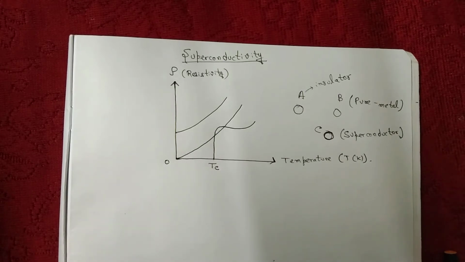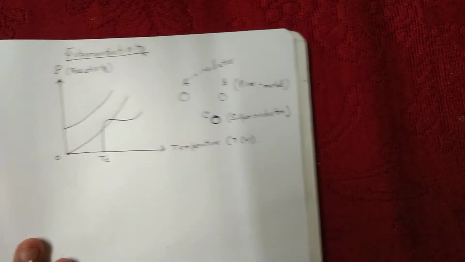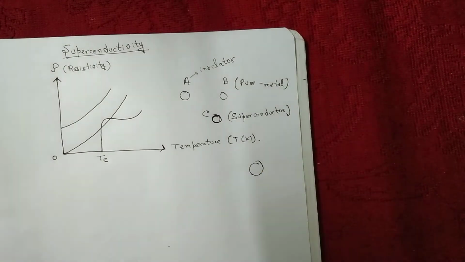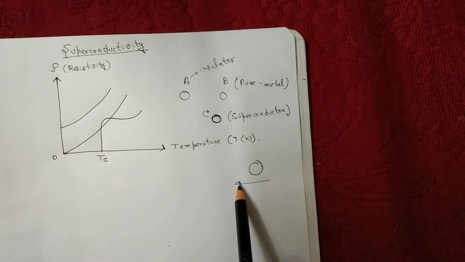Suppose you take an insulator and keep the insulator over here. Now decrease the temperature of the insulator.